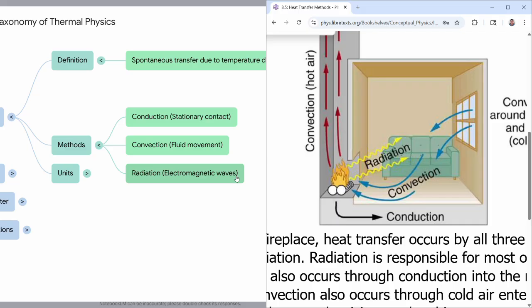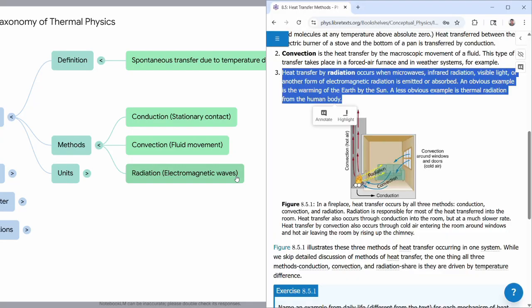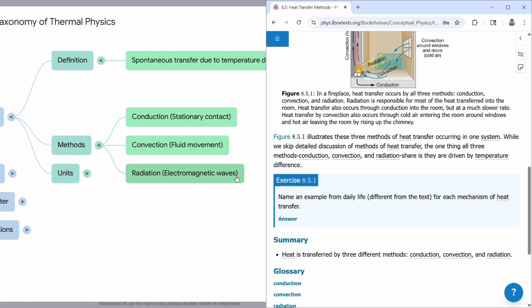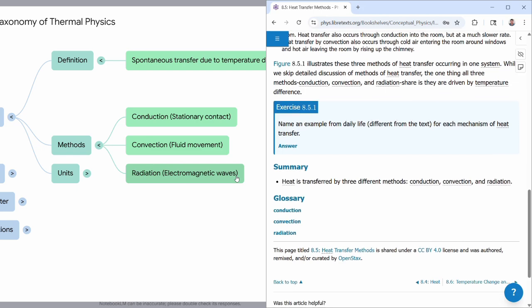And that's a radiation that occurs whenever an object is at a temperature higher than 0 Kelvin. So at higher than 0 Kelvin, there's a microscopic movement of the atoms and molecules, and as they vibrate, they radiate electromagnetic waves. And electromagnetic waves carry energy. That energy can be emitted, can be absorbed.